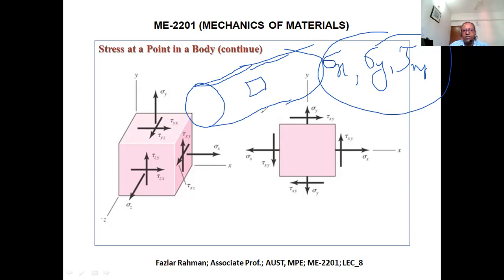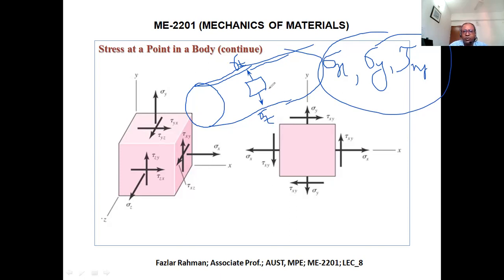What will work right over here along this direction and along this direction? Obviously, sigma t, the tangential stress. So right over here we will have sigma t, right over here, sigma t. Seems like it is balanced, right?